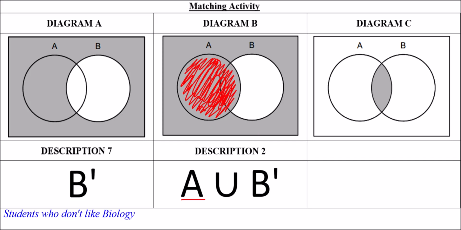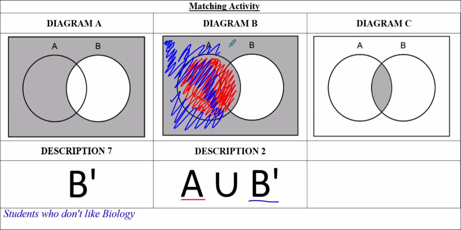So B dashed is going to be everything outside of B. So B dashed includes this bit as well that I've already coloured in. Down here. And all the way over here. So as you can see, the only bit we wouldn't be colouring in is this white region. So this Y, A union B dashed is this one here.